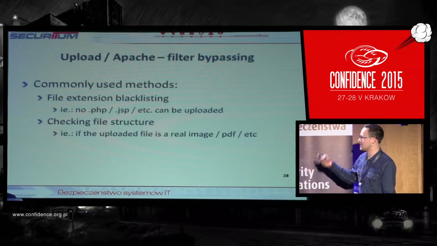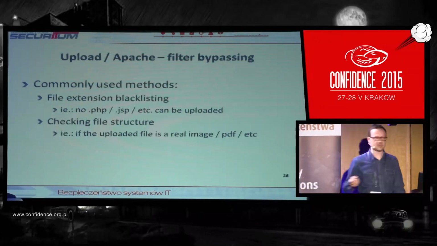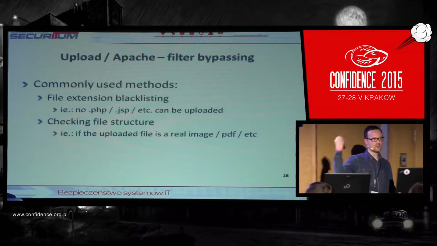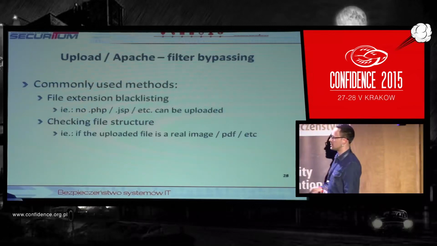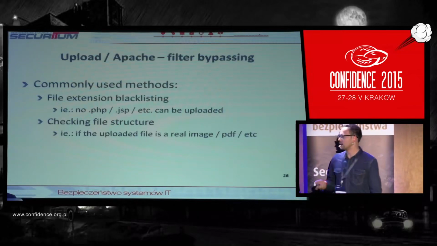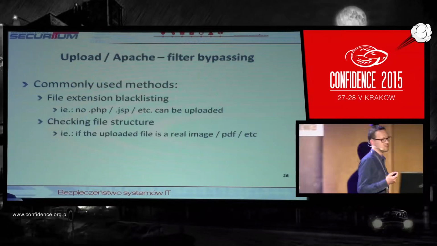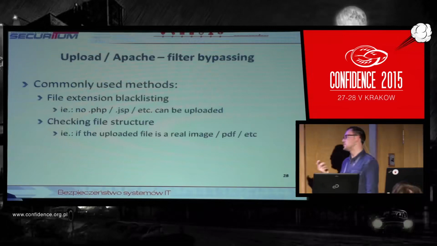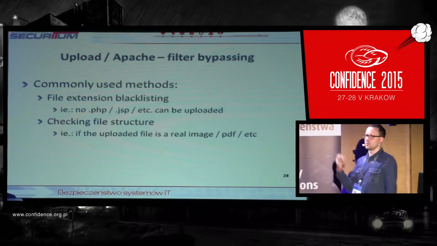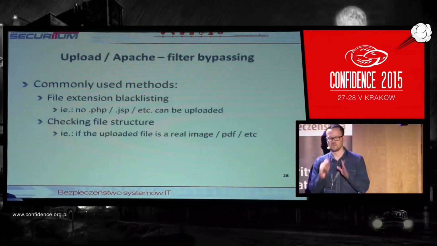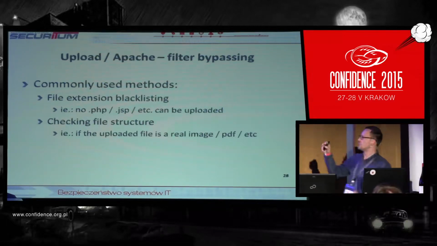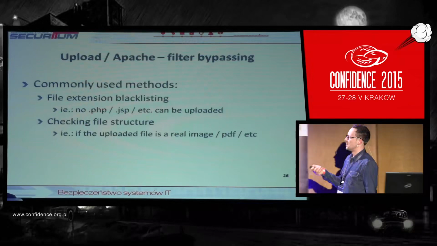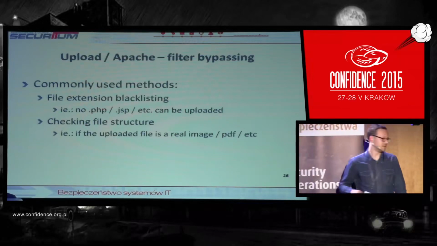So we blacklist certain extensions like PHP, PHP3, PHP4, PHP5, PHTML, and so on. And we are also checking the uploaded file structure. So we want to know if this uploaded file is a real image. If not, something is wrong, we're not allowing this. Okay? How to bypass both of these filters?